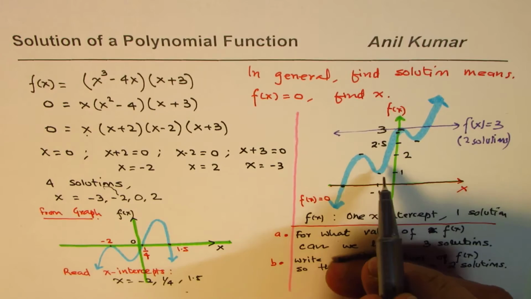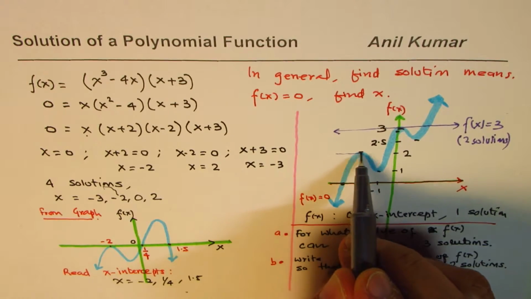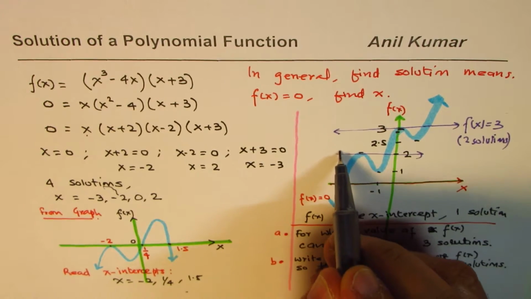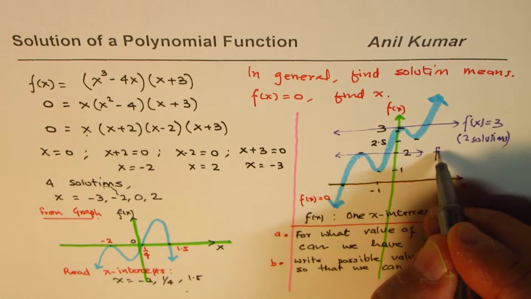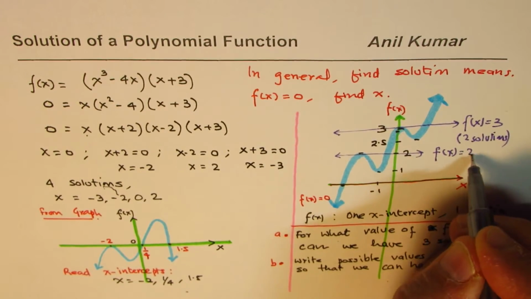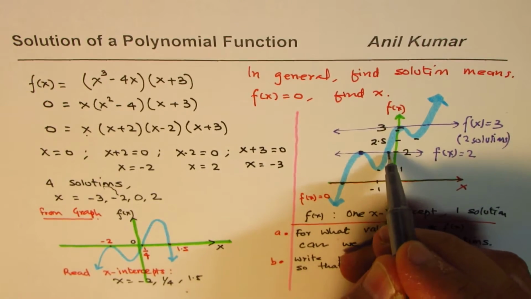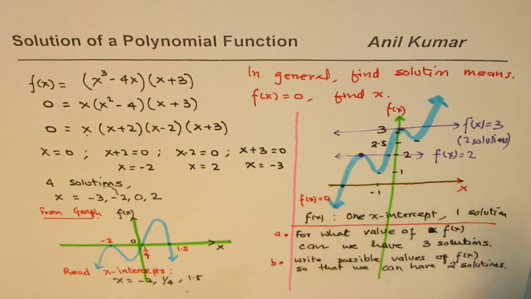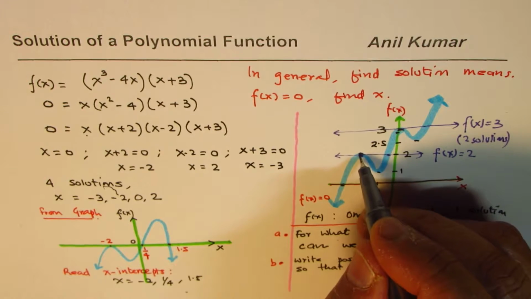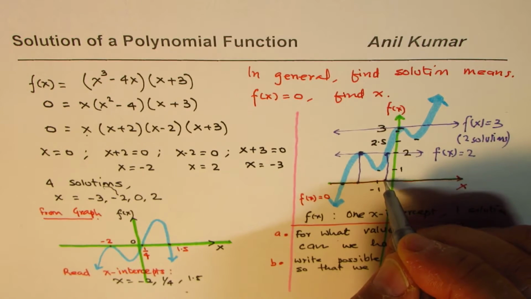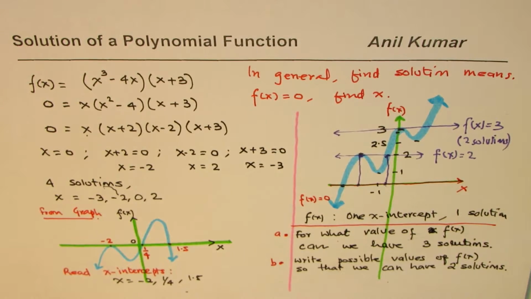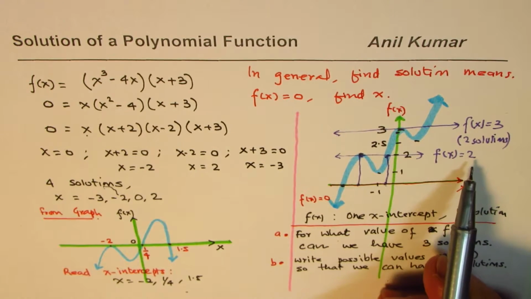Similarly, if I draw a line here at the turning point, again, for f of x equals 2, how many solutions do I have? Two solutions, right? So these are the two solutions. When I talk about solutions, we are writing the x values. Is that okay? So this x value is the solution for f of x equals 2.